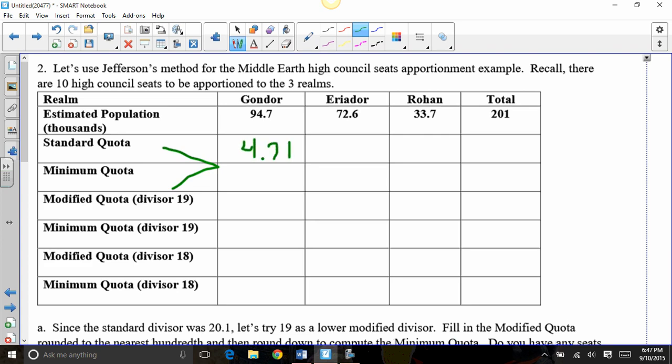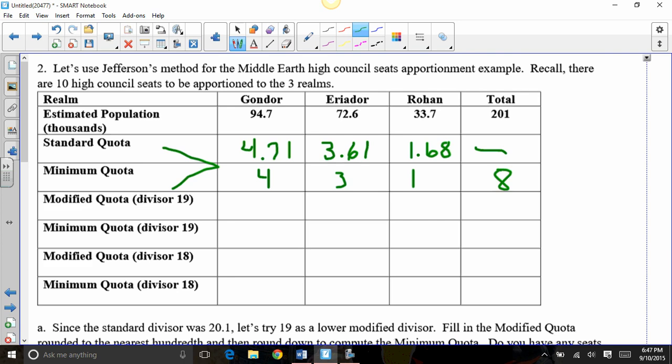I'm taking this 72.6 and dividing it by the 20.1, and I'm going to get that 3.61 again. 33.7 divided by the 20.1, I'm going to get 1.68. Again, that means nothing. Round down, you have 4, 3, and 1. Add that across, you have 8 seats. What that means is Hamilton's method doesn't work, but that's the basis of Jefferson, okay?